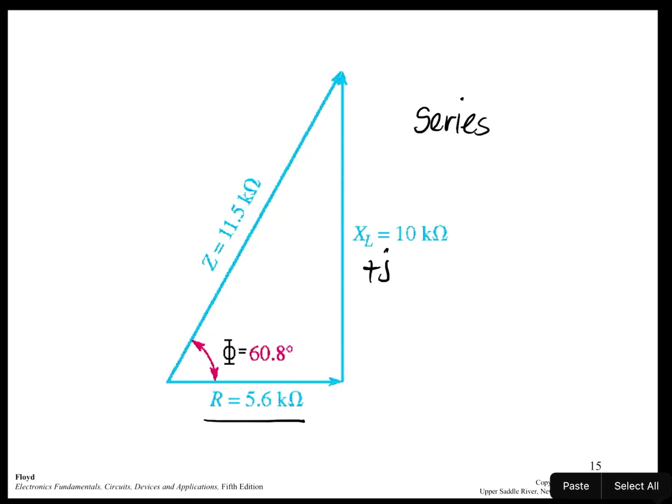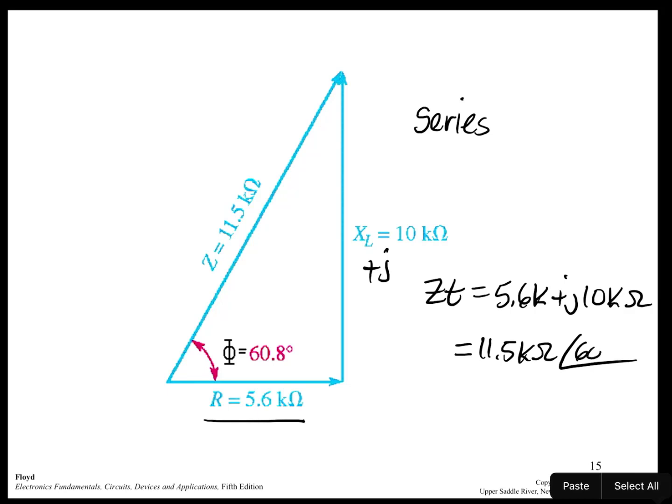And there's two ways we could express this impedance. First of all, as its rectangular value of 5.6K plus J 10K ohms, or 11.5K ohms at an angle of 60.8 degrees, Z total value.